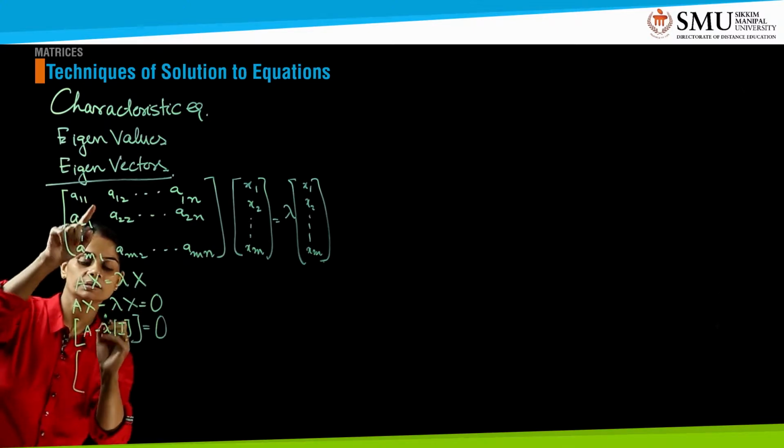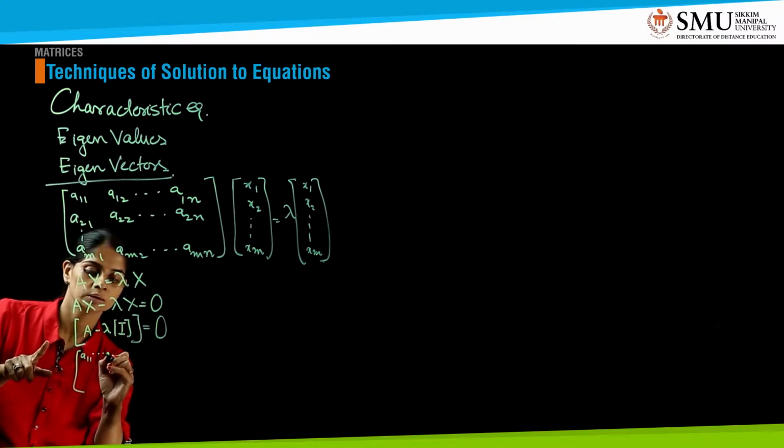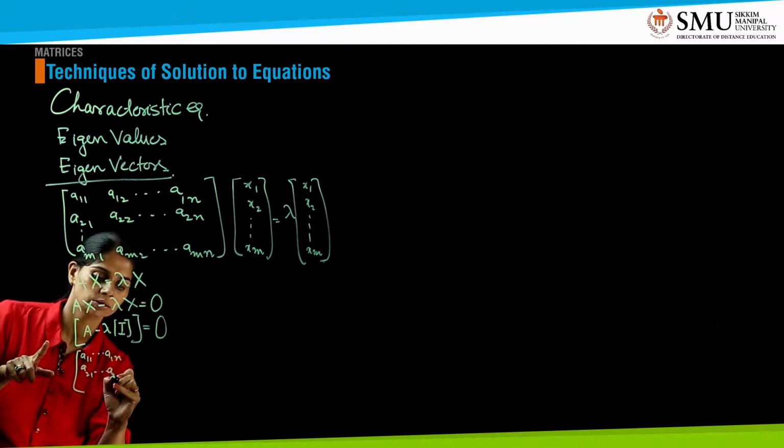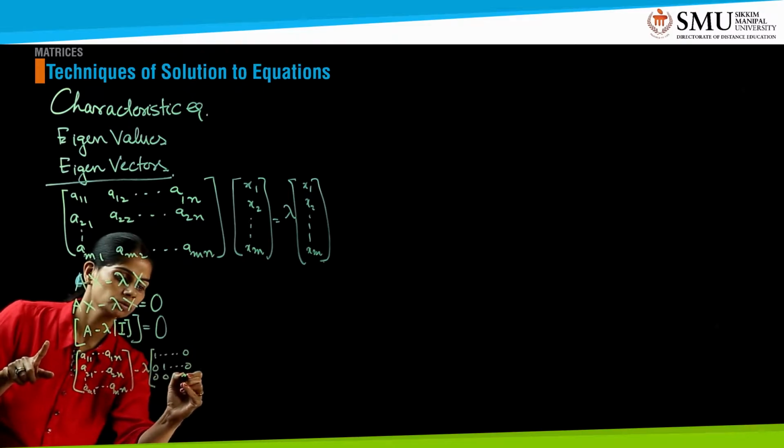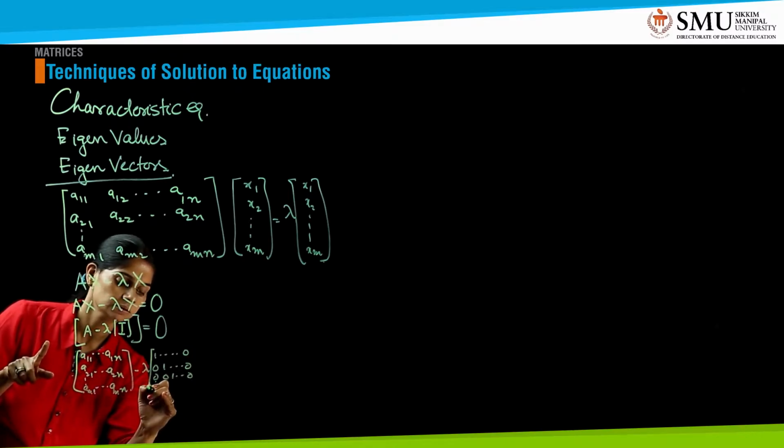What is your A? A is a11, so on up to a1n, a21, so on up to a2n, up to am1, so on up to amn, minus lambda times the identity matrix with 1s on the diagonal and 0s elsewhere.